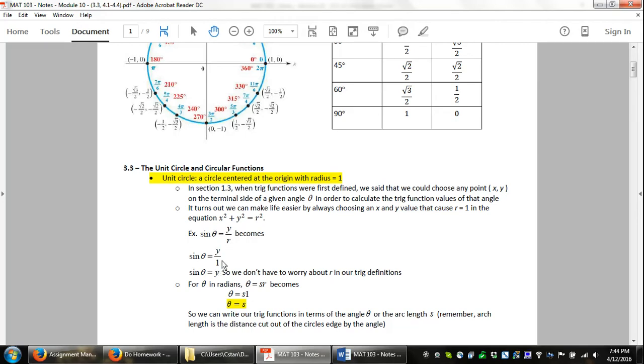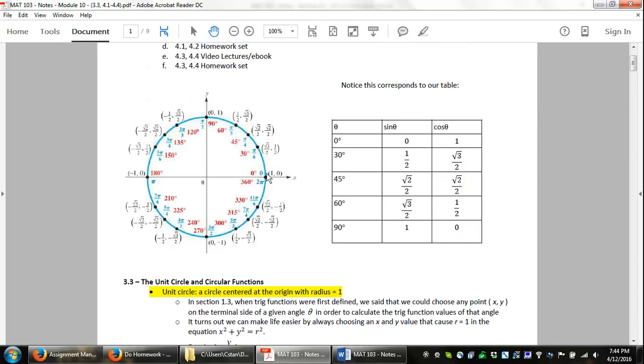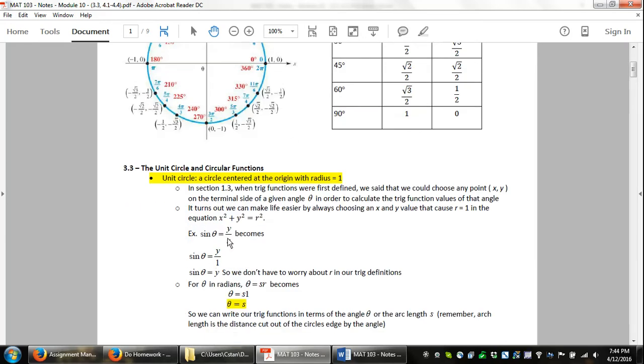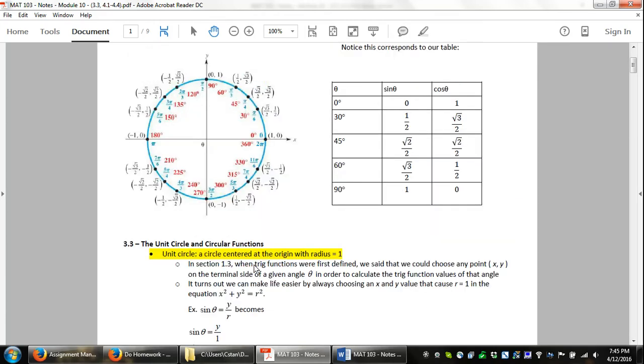And that means this will always simplify. So for any point on the unit circle, r will be 1. And so instead of having to calculate y over r every time, you can just find y. So sine of theta is equal to just y. And that is an amazingly useful tool.